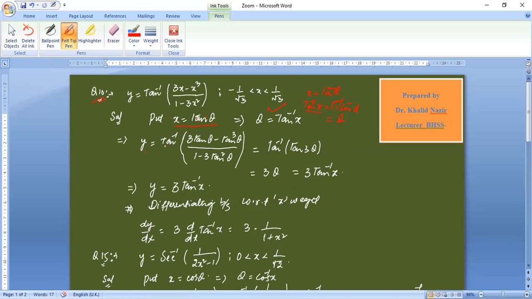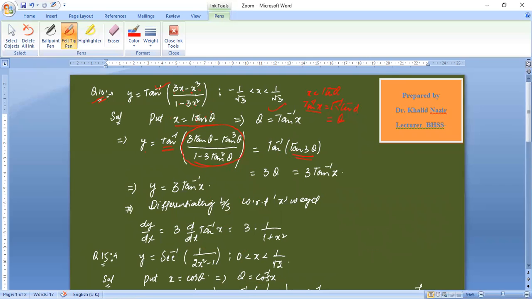Now y is equal to tan inverse of 3 tan theta, because I have put x equal to tan theta, minus tan cube theta, over 1 minus 3 tan square theta. Now this argument of tan inverse is becoming a formula. This is tan of 3 theta. That is why they become simpler. These reduce to some formulas, right?